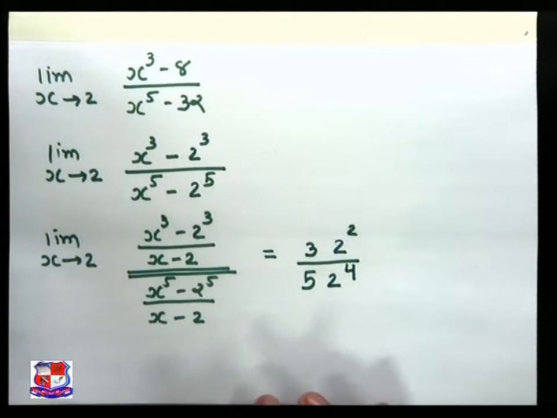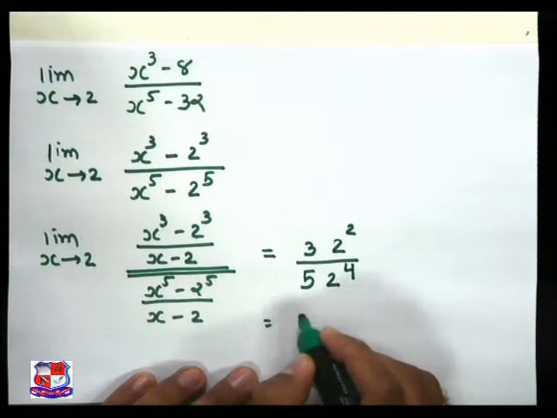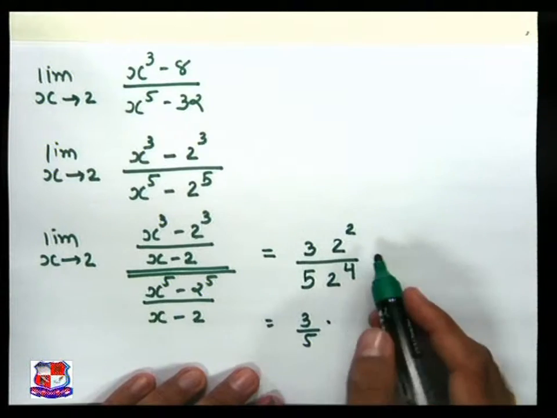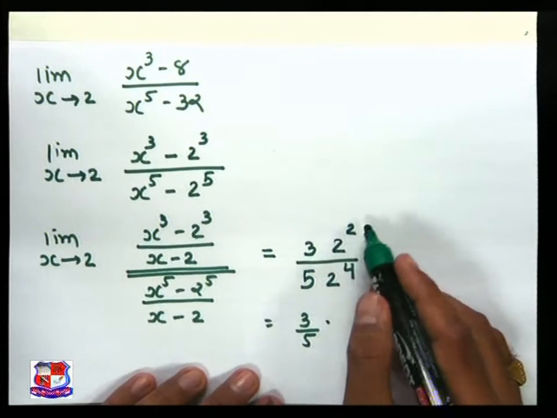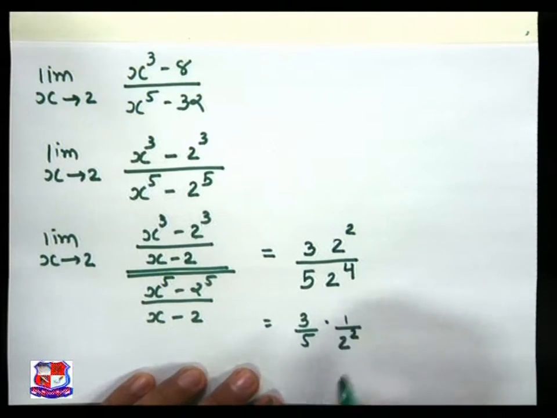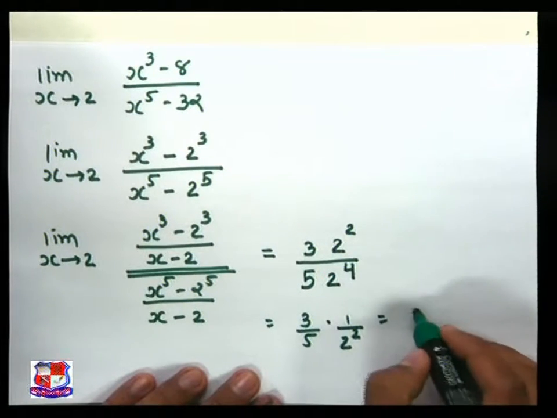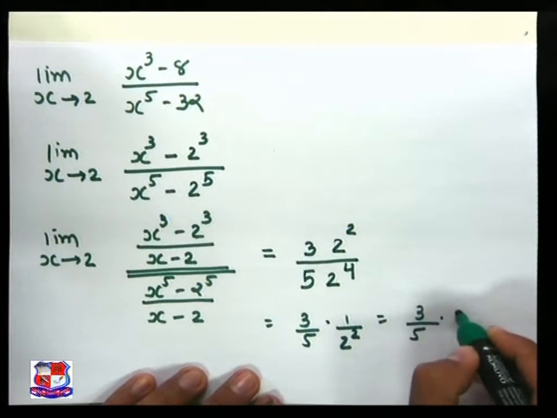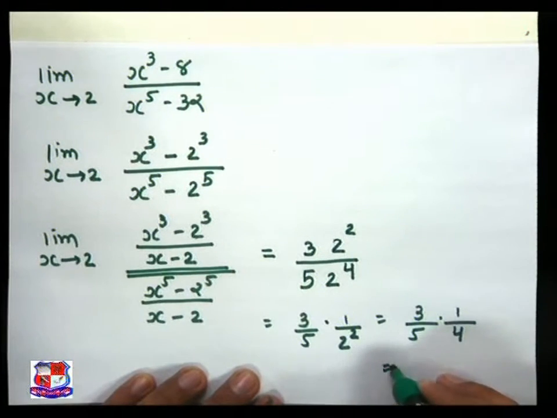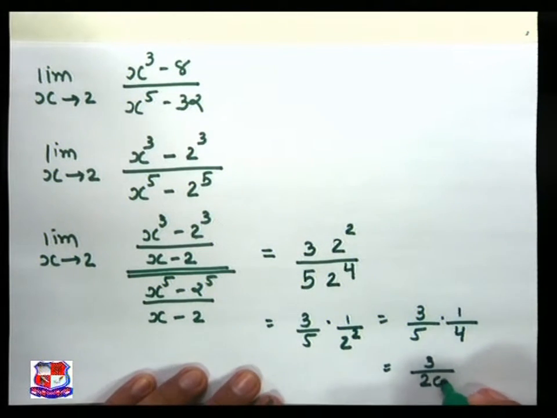Now again we want to simplify more. Here 3 by 5 we can write as it is, into this 2 raised to 2, and here 2 raised to 4, so we can write 2 squared. Finally, simplifying again, 3 by 5 into 2 squared, that is 4, and finally we get an answer: 5 into 4, that is 20.